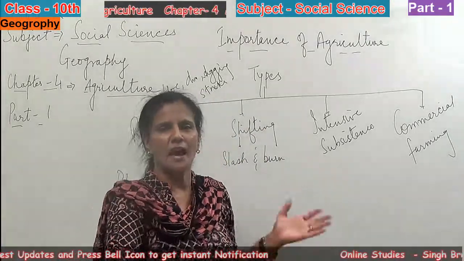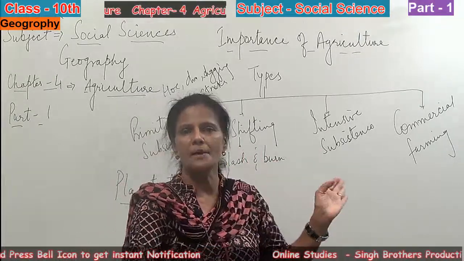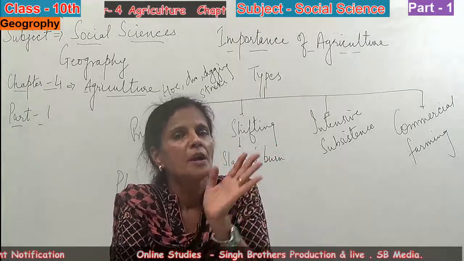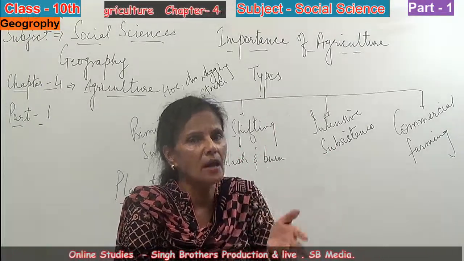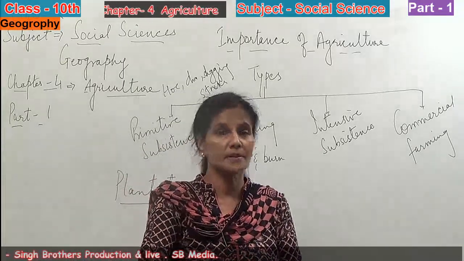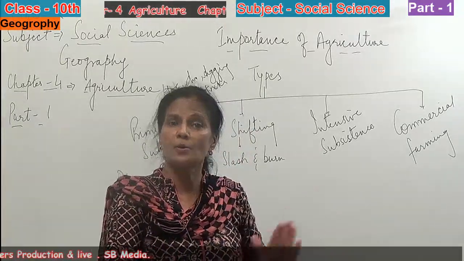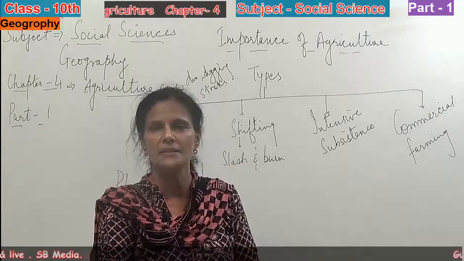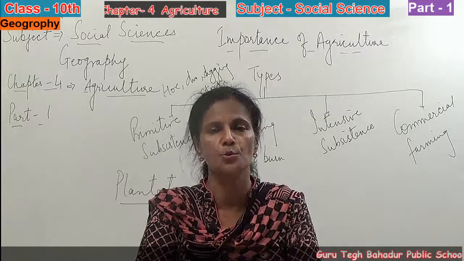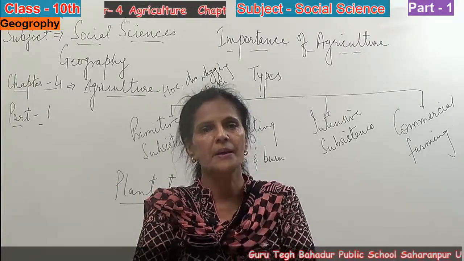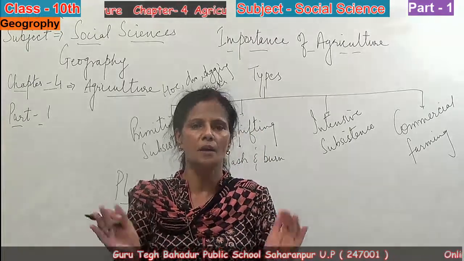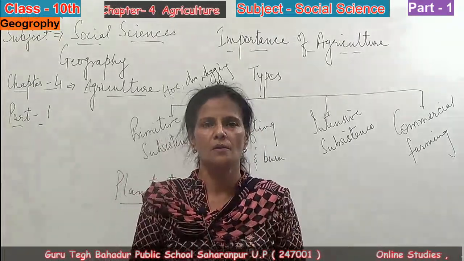In this type of farming, farmers generally depend on natural factors, meaning rain. They need the monsoon, because they cannot afford irrigation facilities. They depend totally on rain, and they grow crops for their own consumption, not for selling outside, because the output is very small.